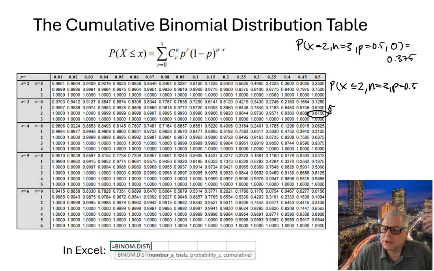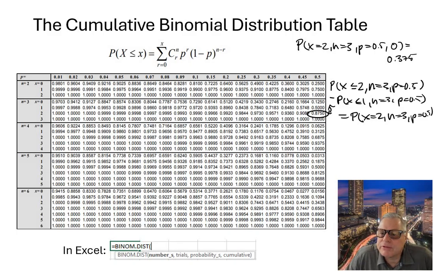Again, that's cumulative, you can see that from the less than or equal sign, minus the probability of x cumulatively less than or equal to 1, so that will give you exactly the probability of x equals 2. And you can see if you do 0.875 minus 0.5, we get 0.375.